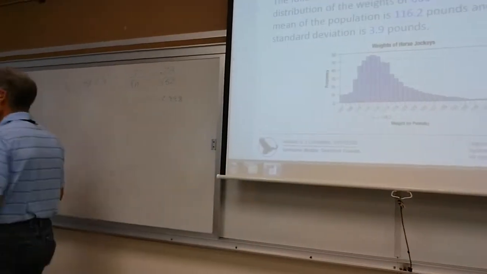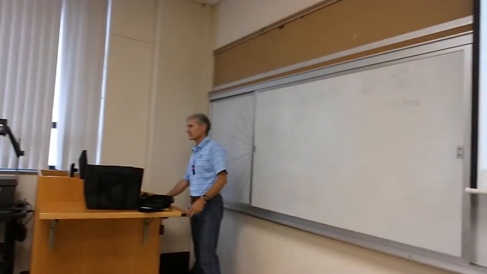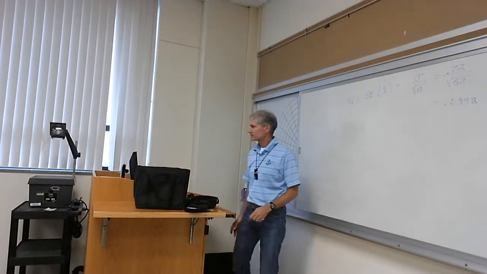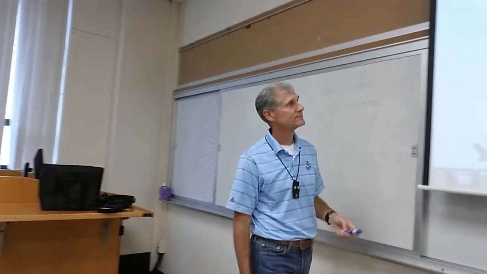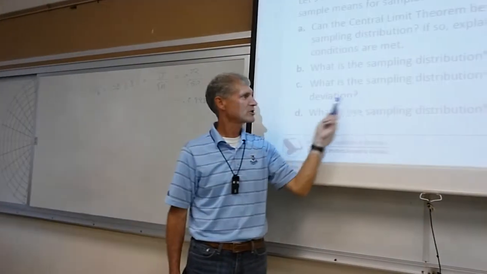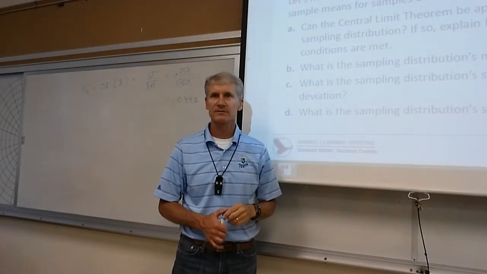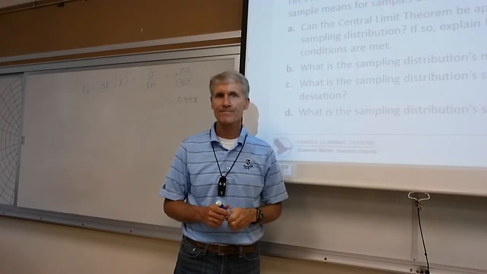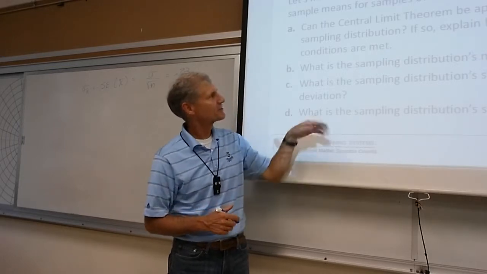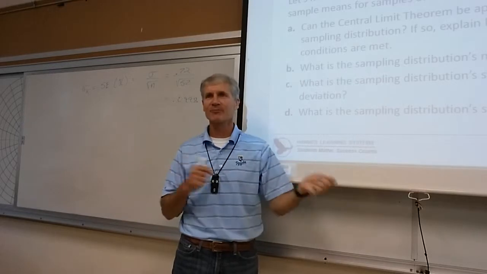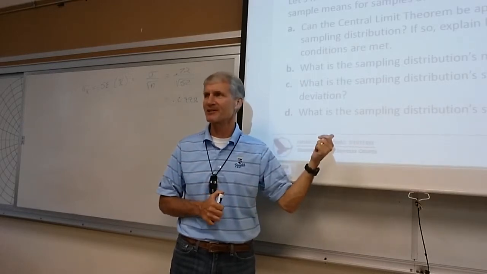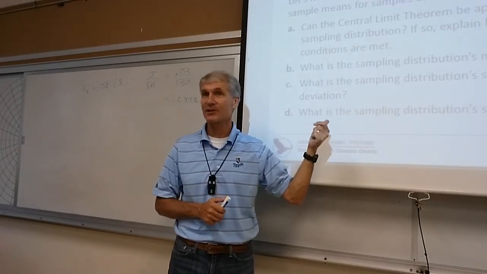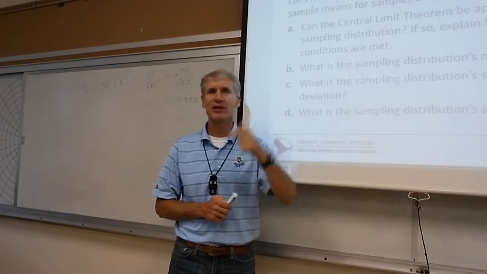Now, the next question is, what is the standard deviation of the sampling distribution? This is not set up well for me to keep scrolling back and forth, but does anybody remember what the standard deviation was for the individual jockeys? 3.9.